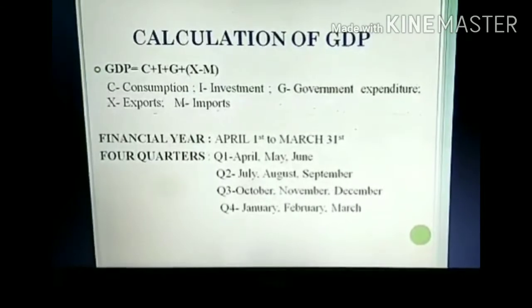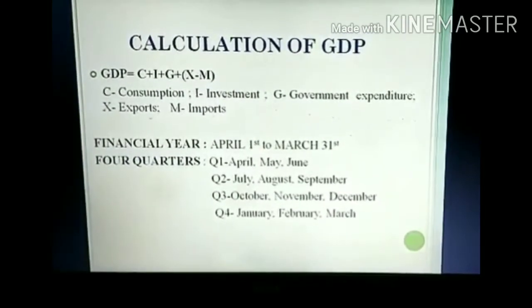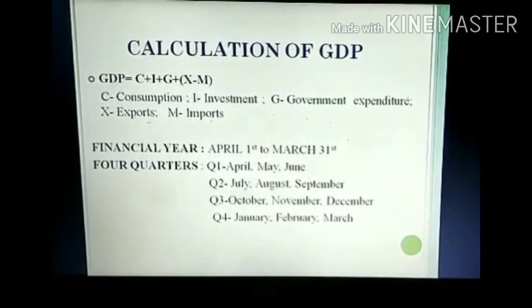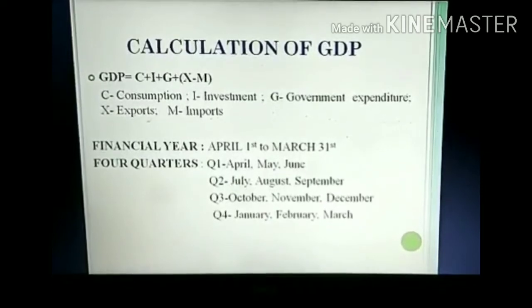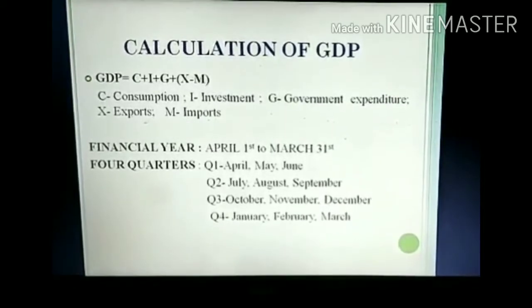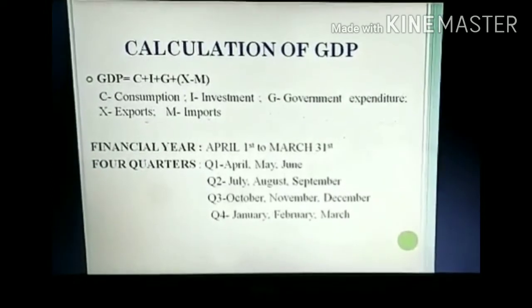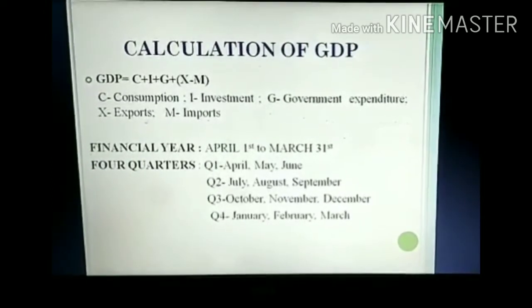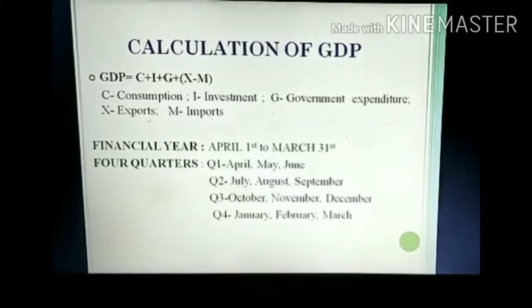Here we are calculating our GDP for a financial year plus under 4 quarters. We are dividing the 12 months into 4 parts. Under that, the first quarter, Q1, is April, May, June; Q2 is July, August, September; Q3 is October, November, December; Q4 is January, February, March. So we are calculating our GDP under the financial year.